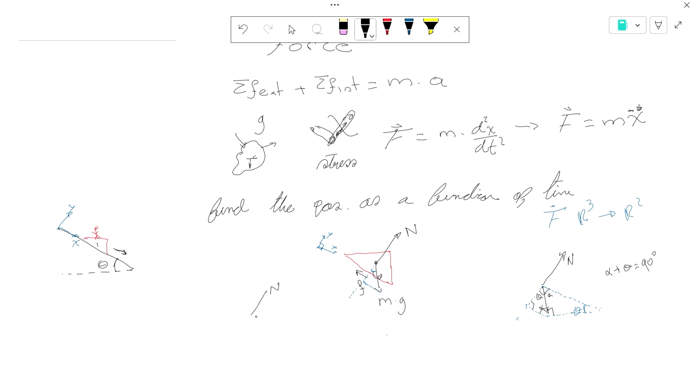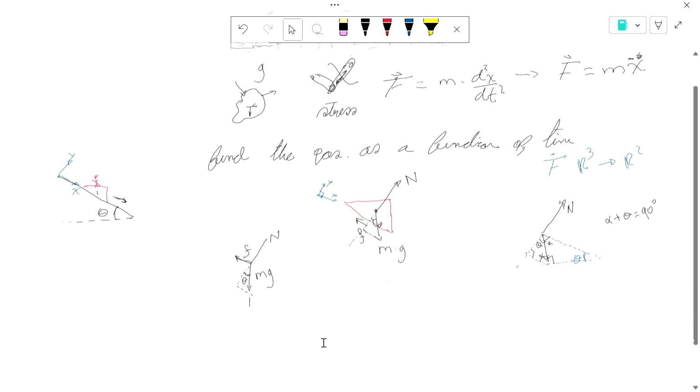So normal, mg, and friction, with this right here being theta.